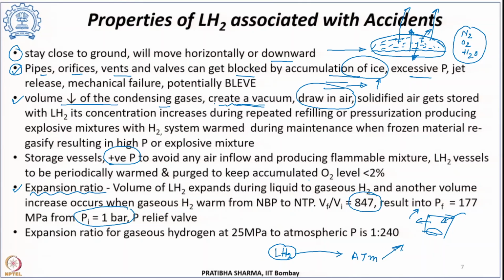Suppose 1 liter of liquid hydrogen expands up to 847 liters of volume when it is exposed to atmospheric conditions. Okay, so it is very dangerous, and you have to take care of these things.